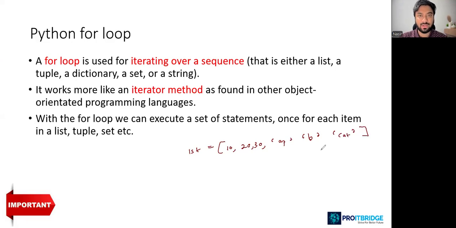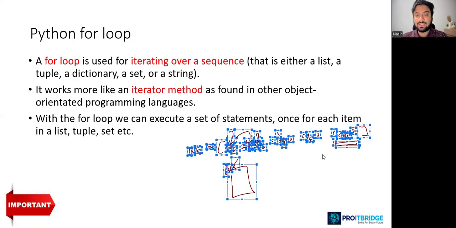Like this, we have multiple strings. Now I can make use of the for loop to iterate over the sequence. First, it will go to this element and do whatever operation is mentioned here. Then it will go to the next element, third, fourth. Like this, it is going to execute as long as elements are present in the given sequence.